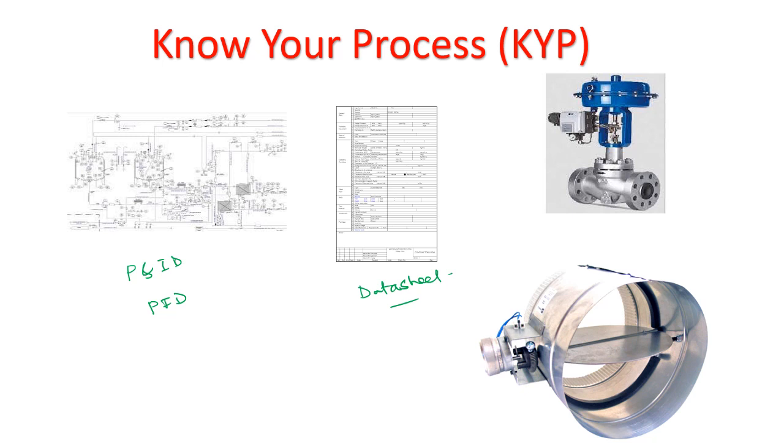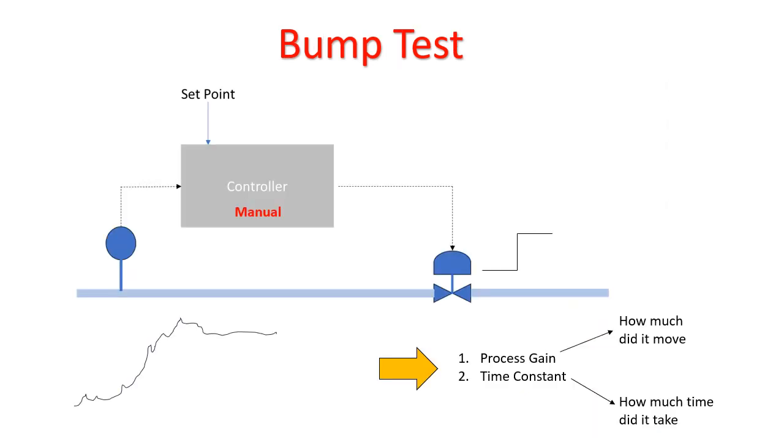When you know the process, you know the instrumentation, then in this step, we'll be doing the bump test. In the bump test, what happens is first the controller is put in the manual state and the final element is moved by a step, right?